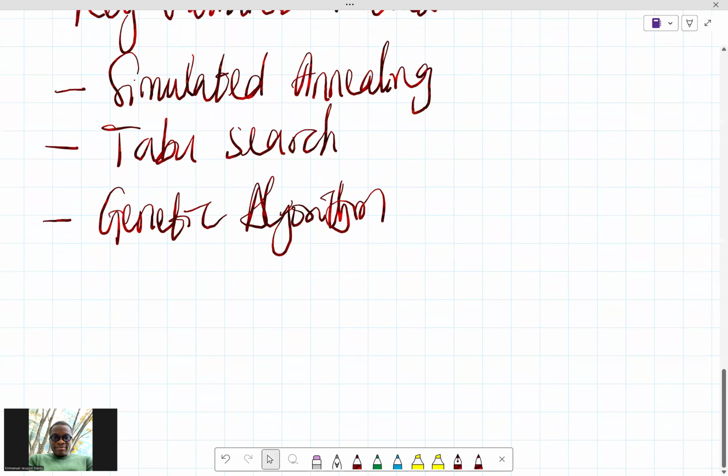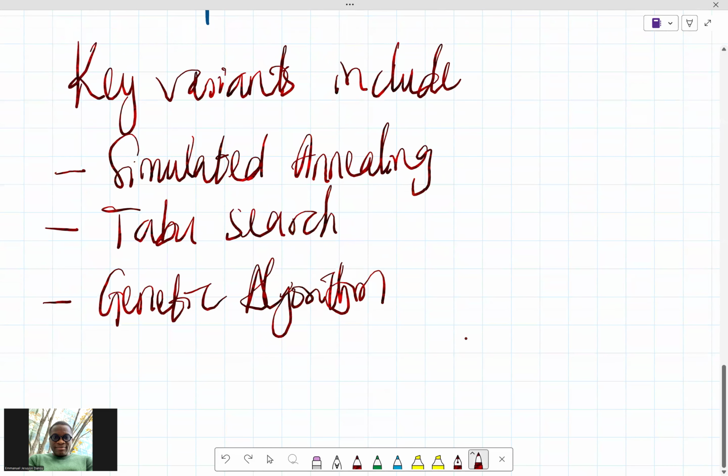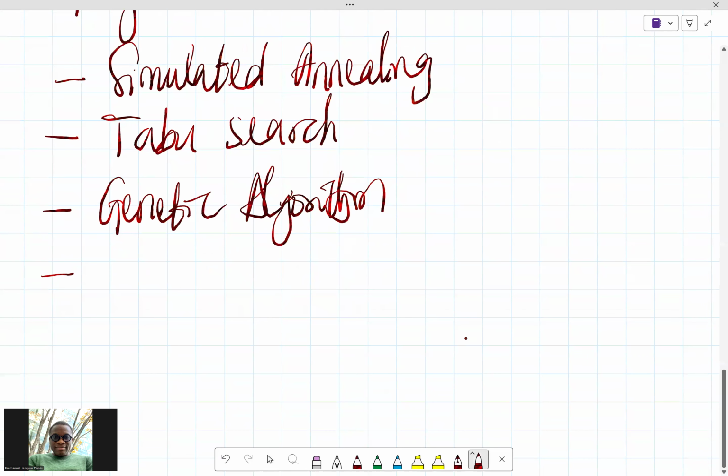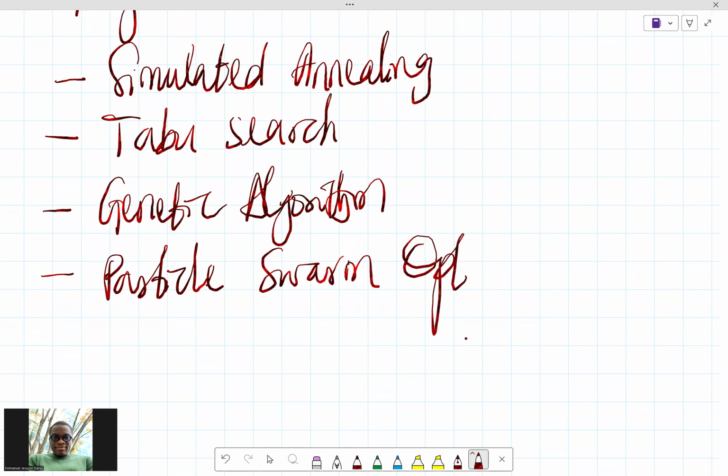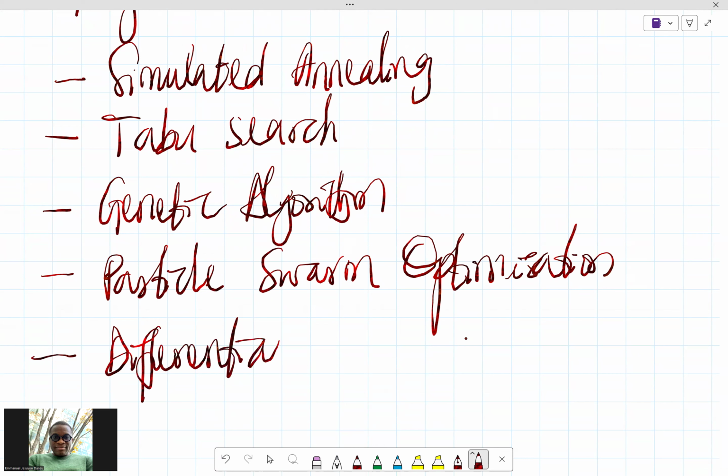Then after genetic algorithm, we'll be going for particle swarm optimization. And lastly, differential evolution.